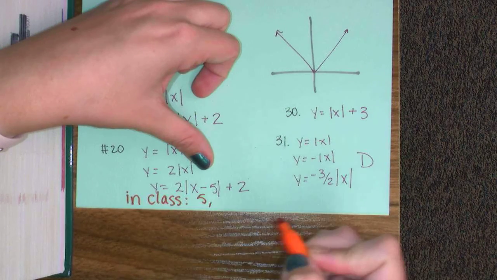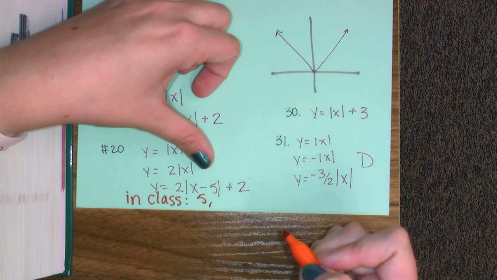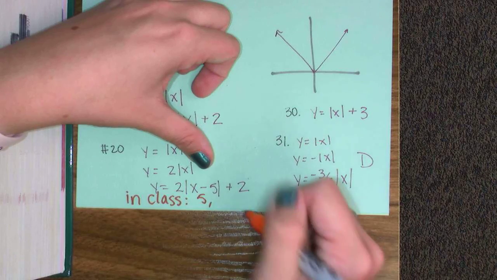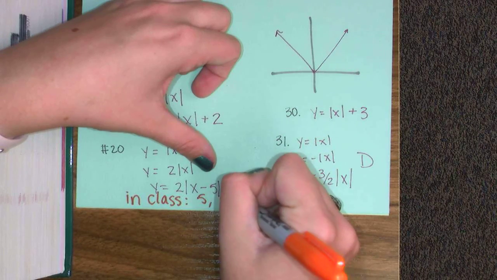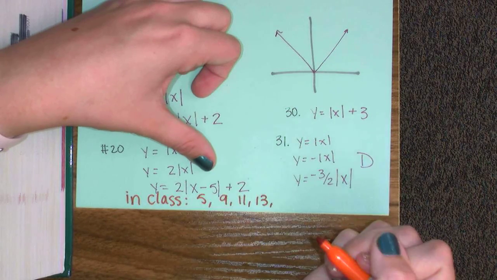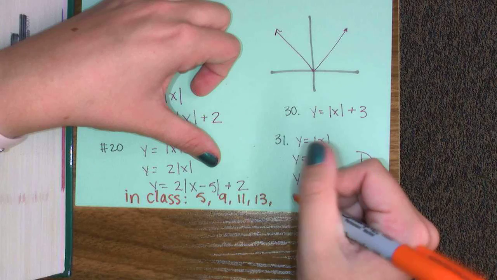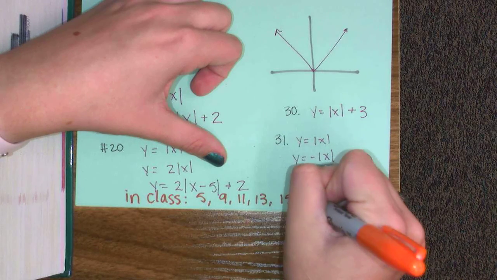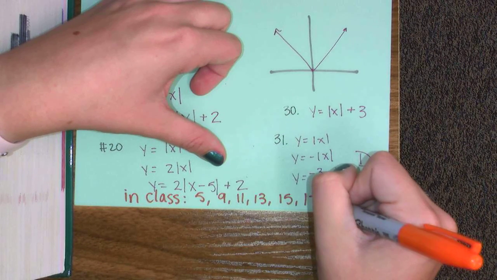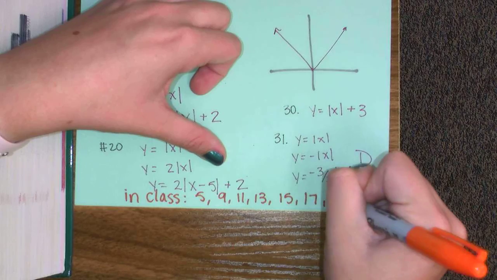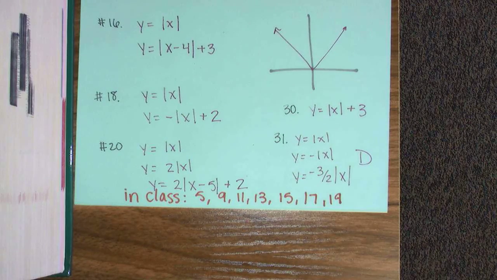So do them like we did the examples. Now this might be more problems than normal, but they should be really fast, so that's why.